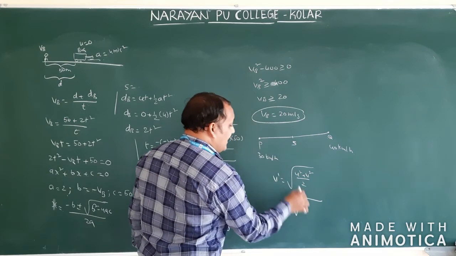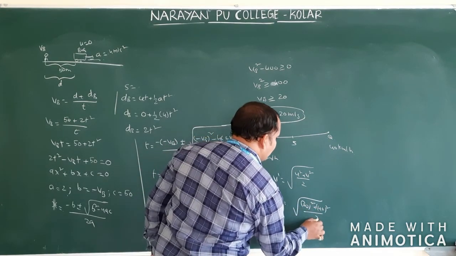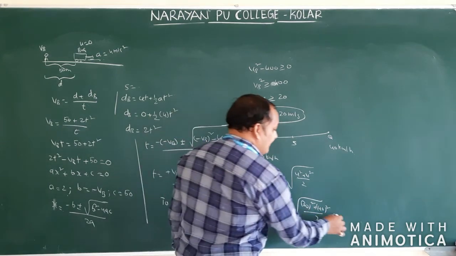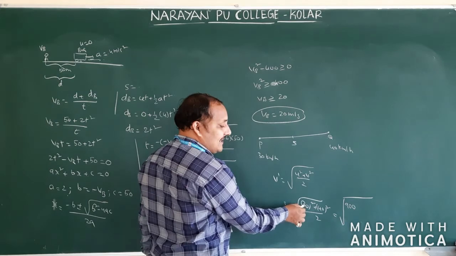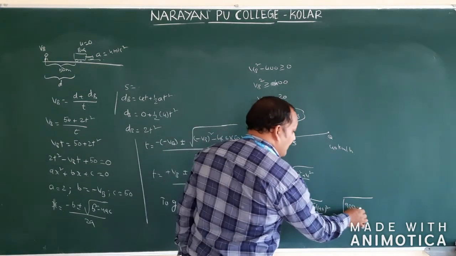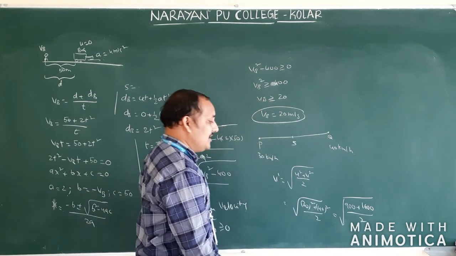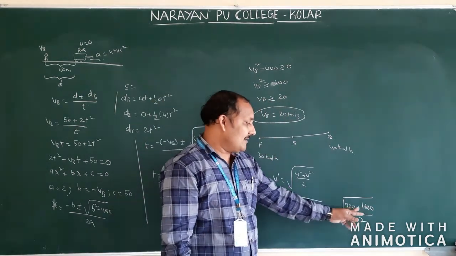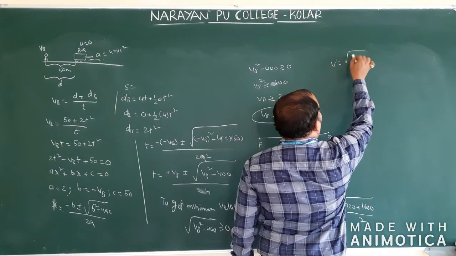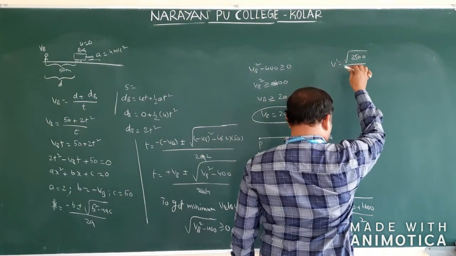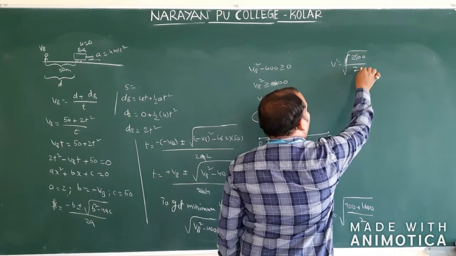What is u here? 30. 30 square plus 40 square divided by 2. 30 square means 900, 3 3s are 9, 0 0. Plus 40 square, 4 4s are 1600, divided by 2. So 1600 plus 900, how much will you get? V dash equal to root of 2500 divided by 2.